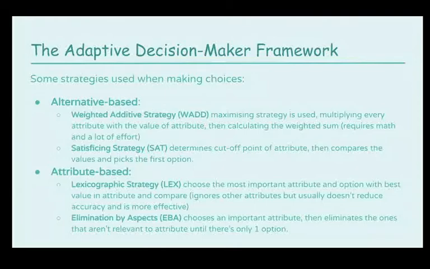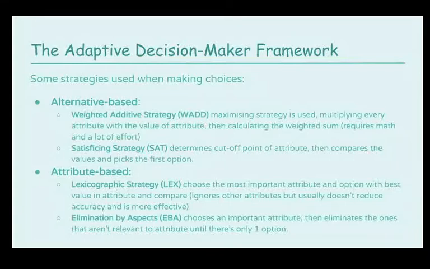And then another would be attribute based, which is the lexicographic strategy. In this one, you choose 2 attributes: one with the most important attribute and another one with the best value.